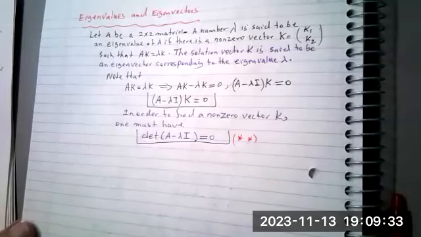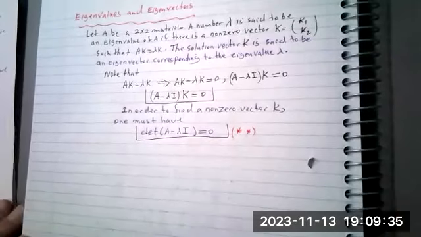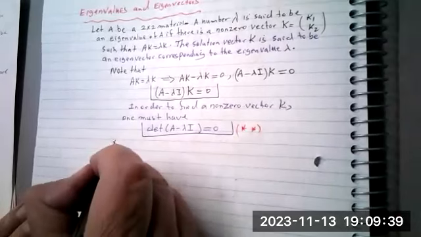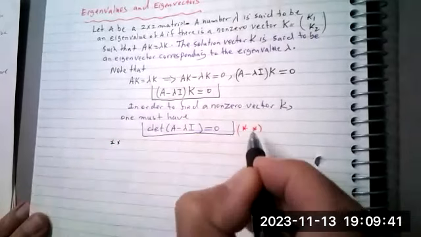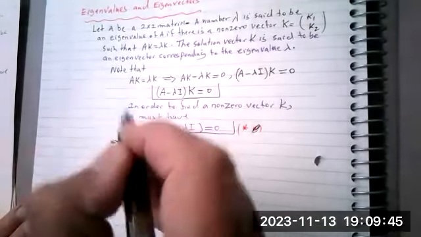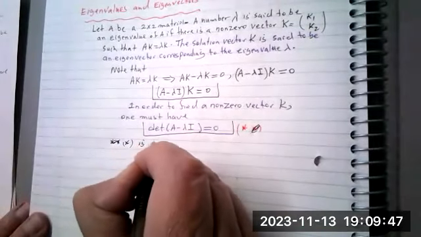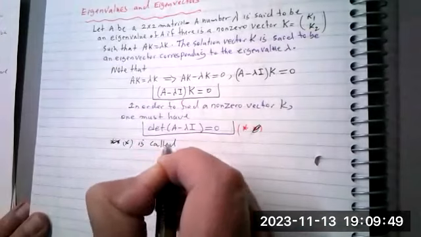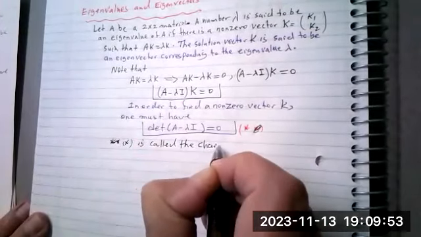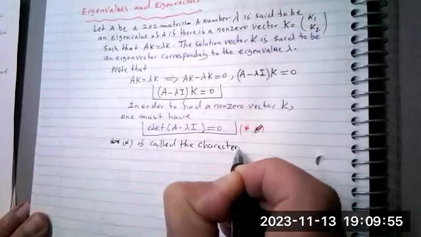So let's finish it. There you are, this star, or double star, if you like, call it a star. This star is just the characteristic equation, as we did before.